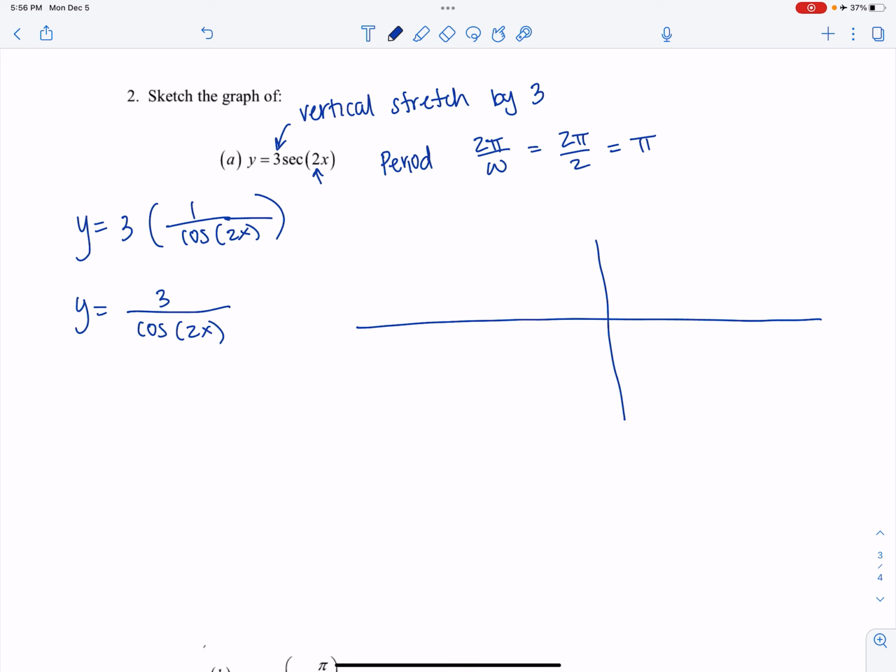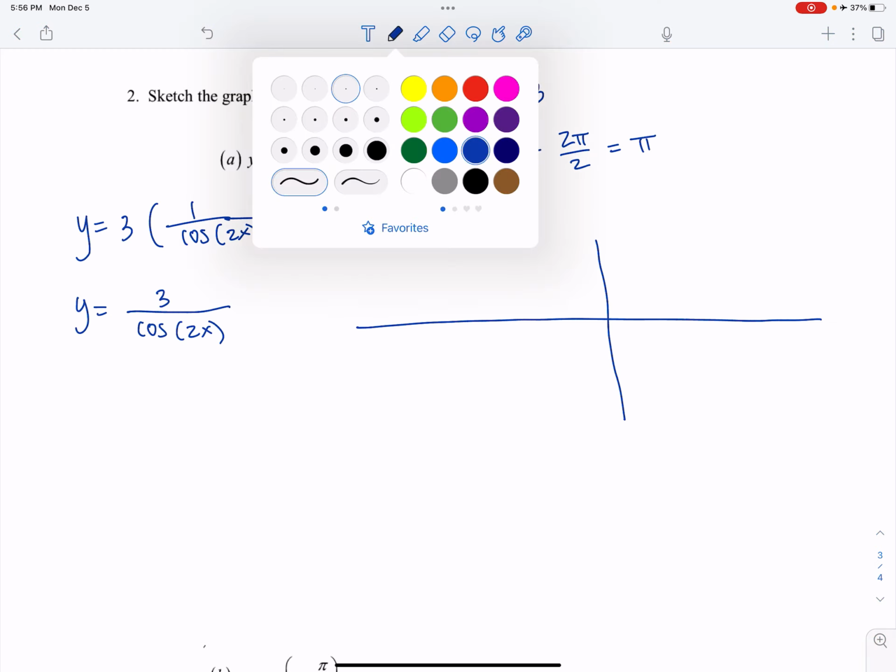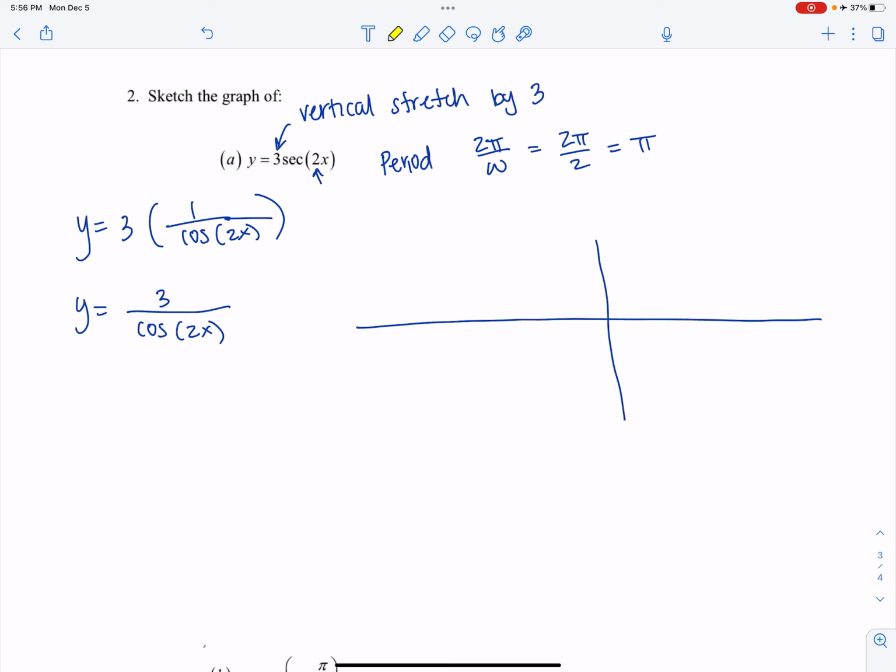So instead of having a cosine, which would look something like this. Cosine starts at 1, and it goes down and comes up, and it does that on both sides.